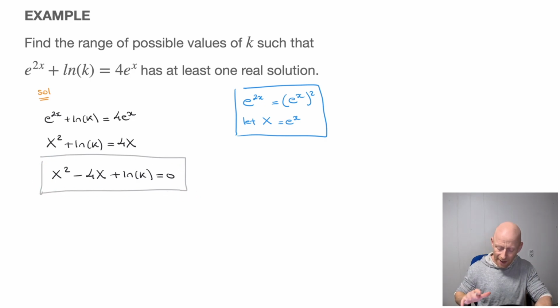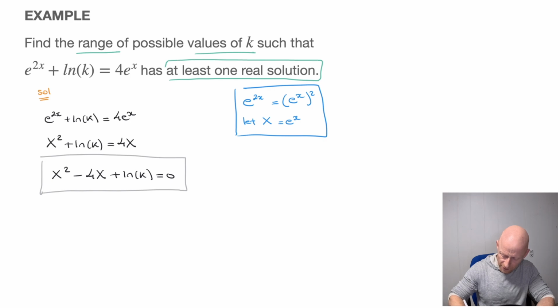That being said, I carry on. Remember, we need to find the range of possible values of k such that this equation, which is the same as this one, has at least one real solution. In fact, I'll go ahead and box that. And the important thing to remember here is that a quadratic equation will have at least one real solution provided its discriminant delta is greater than or equal to 0.